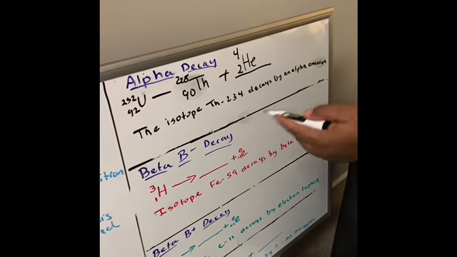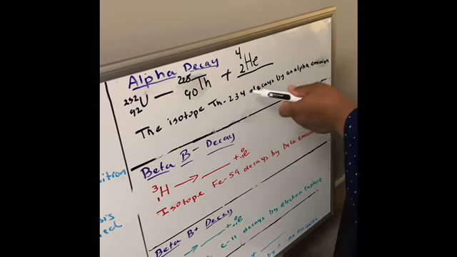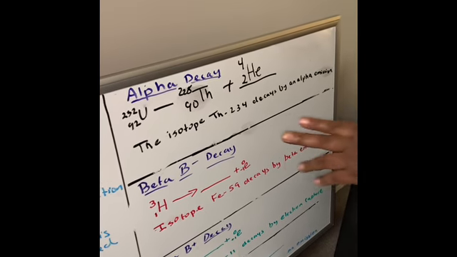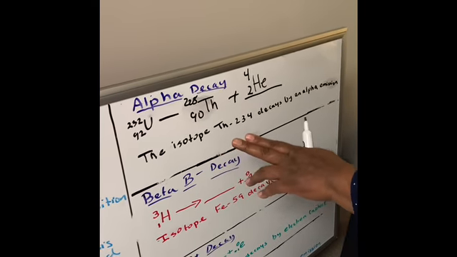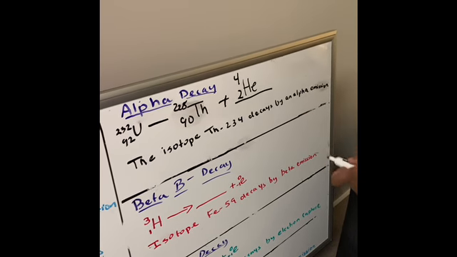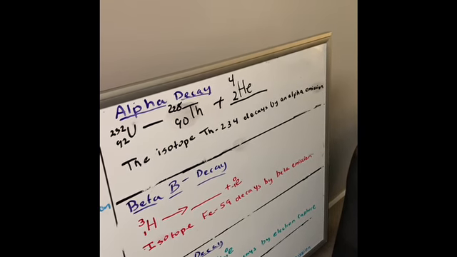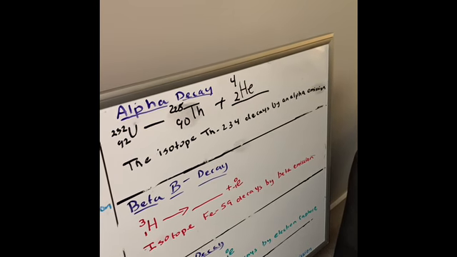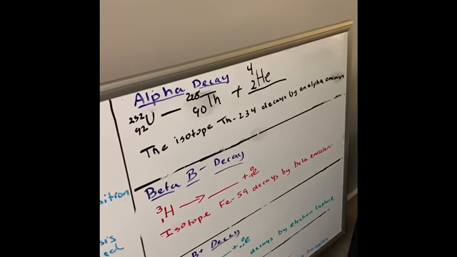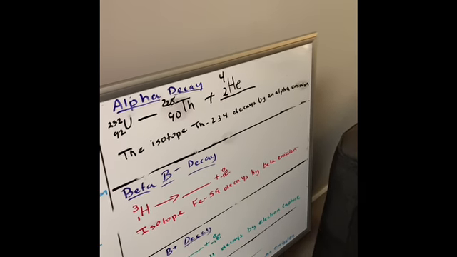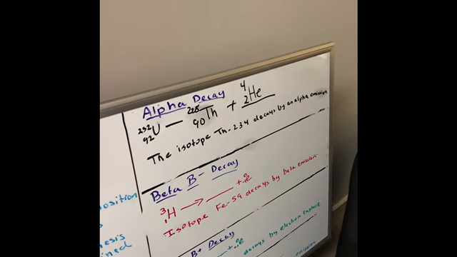So let's take an example of alpha decay if it was written in an actual problem. So we're looking at the isotope thorium-234, and it's decaying by alpha emission. So that means that this thorium is breaking down into another substance by way of alpha decay.